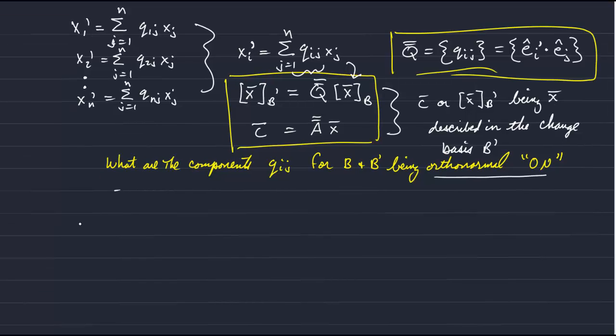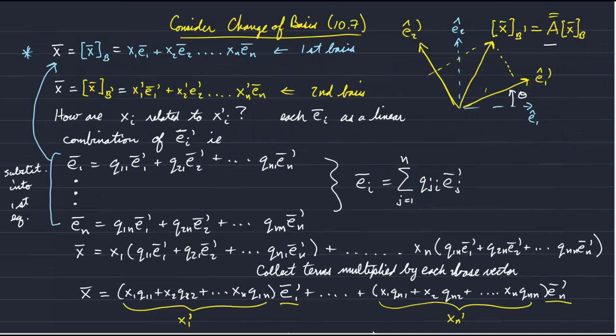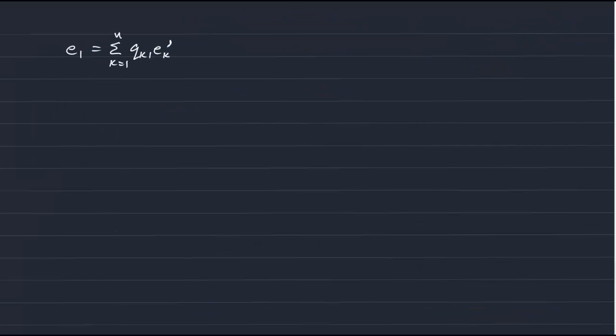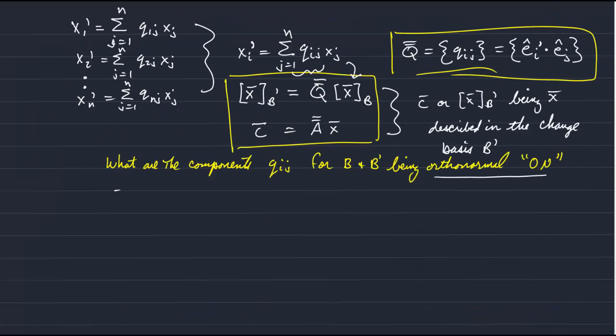To answer that question, let's go back and remind ourselves that each unit vector in the reference system is a linear combination of the unit vectors, or the base vectors, in the changed system, and they're related to each of these components of the transformation matrix. So I'm going to write that one equation down again. In this case, we're dealing with unit vectors.